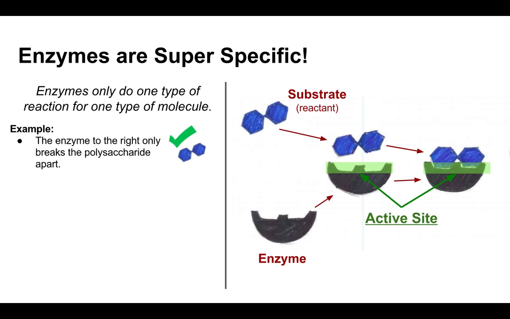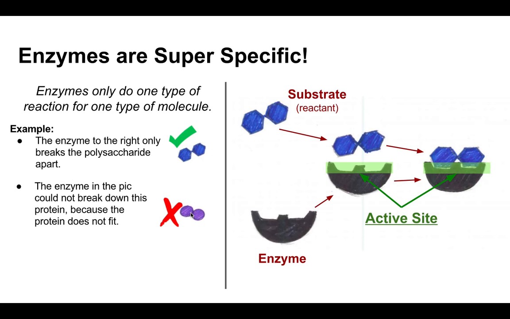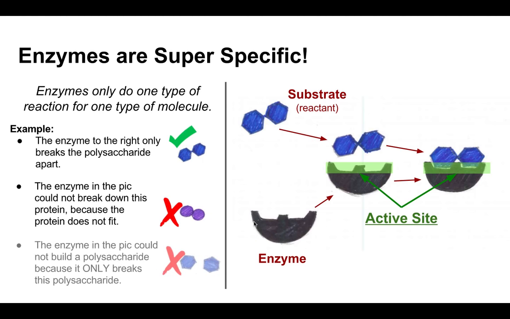So that means if we had, let's say, a protein polymer, since we're modeling it as circles in this case, these circles wouldn't perfectly fit in the active site, and therefore this enzyme couldn't break up an amino acid. There would have to be another specific enzyme that does that. Now, what if you have carbohydrates, but they're just monomers?